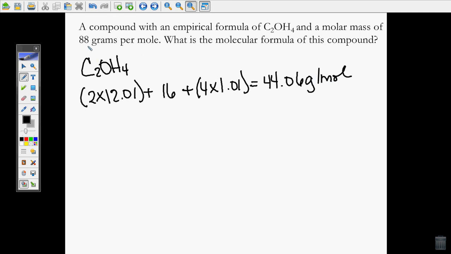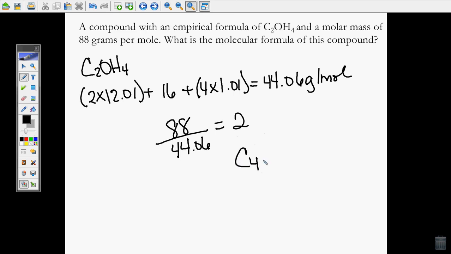They tell me the molar mass is really 88, so I divide that by the molar mass that I just calculated and round to the nearest whole number. I get 2. So I'm going to take this and multiply all these subscripts by 2.